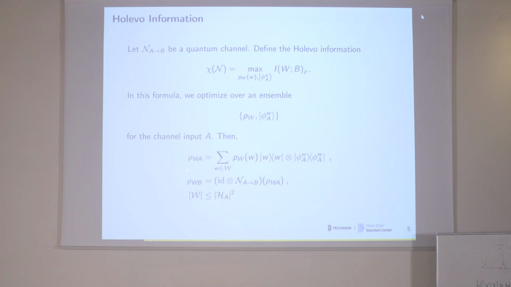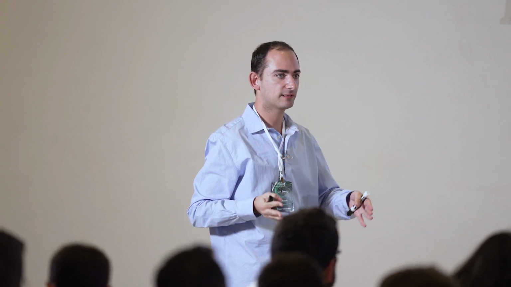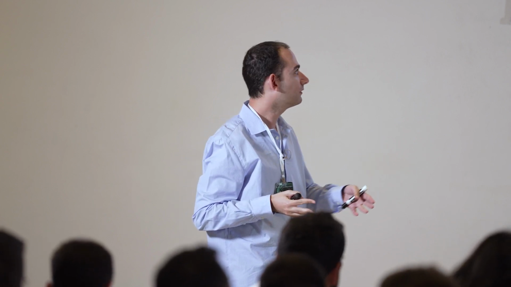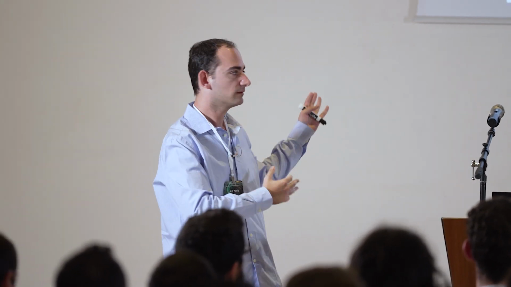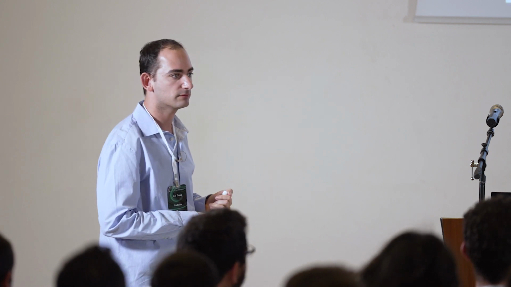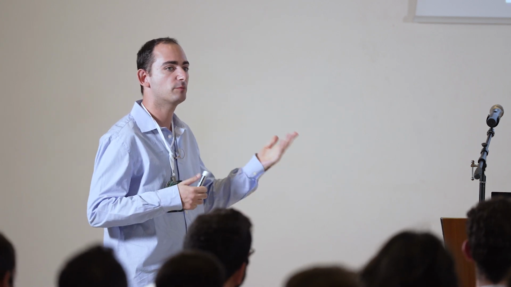Then I can also look at the average of rho WA, the density matrix that describes the joint state of the classical system W and the quantum channel input A. Then I apply the channel and I get the joint state of W and B. Then I compute the mutual information with respect to this state, and now I maximize over all the possible ensembles of the channel input. So basically, I maximize over all the possibilities of W.